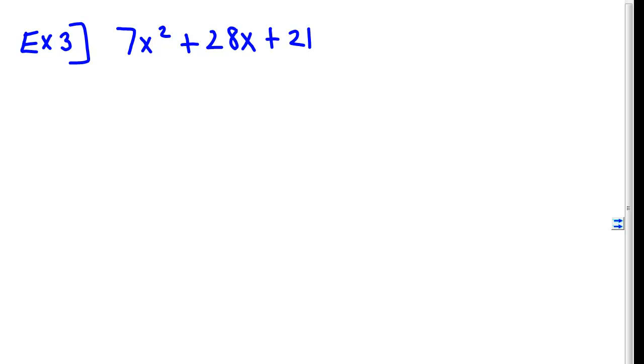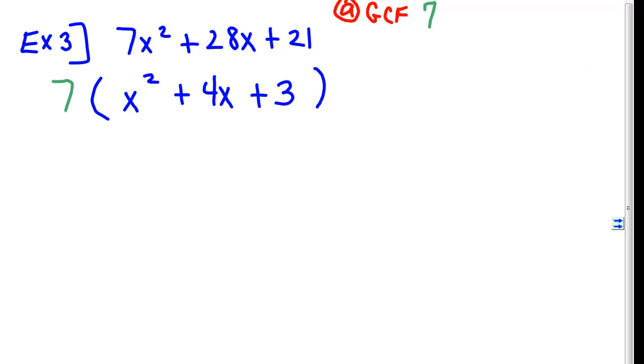Example 3, 7x squared plus 28x plus 21. First I look for a GCF, and in this case there is a GCF of 7. So I pull it out of the expression, and we get 7 times x squared plus 4x plus 3. Then I look to see if what's in the parentheses is a difference of two squares, and it is not.